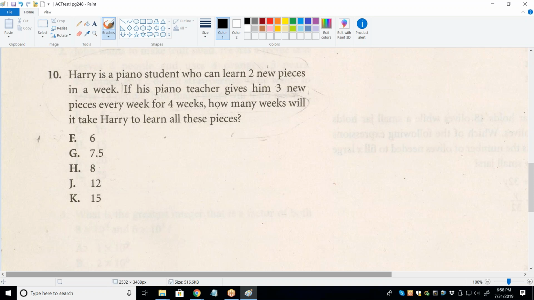All right, number 10. There's two ways to do this problem. There's an easy way and there's a hard way. See if you can figure out the easy way.